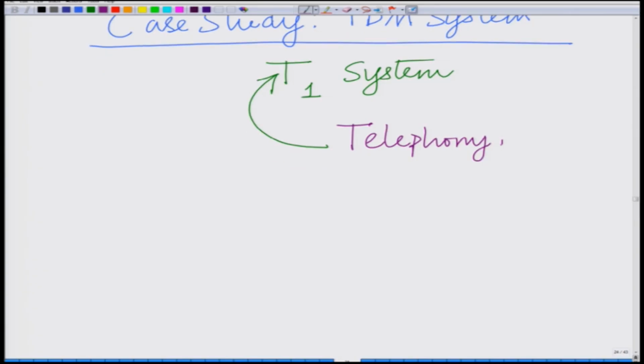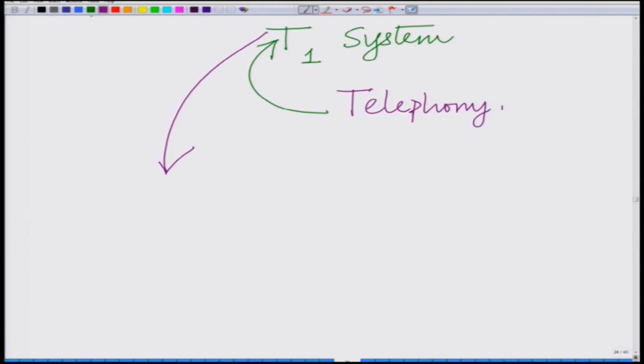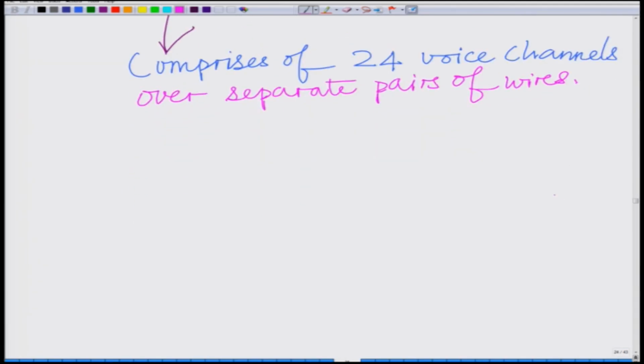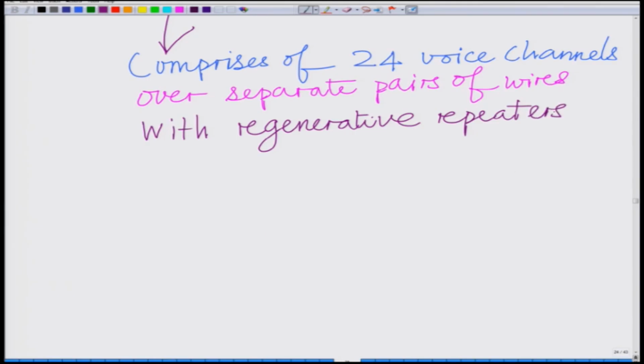Okay. Now, the T1 system comprises 24 voice channels over separate pairs of wires with regenerative repeaters at approximately 2 kilometer intervals.